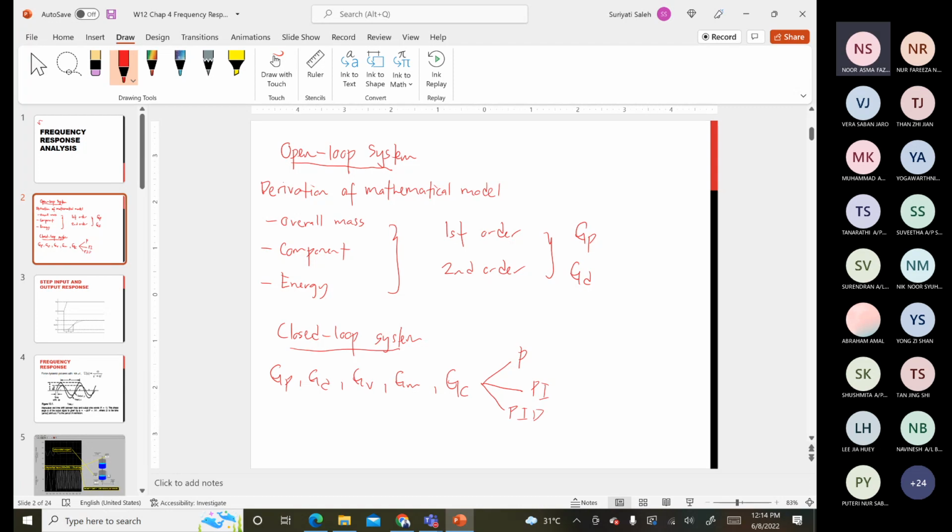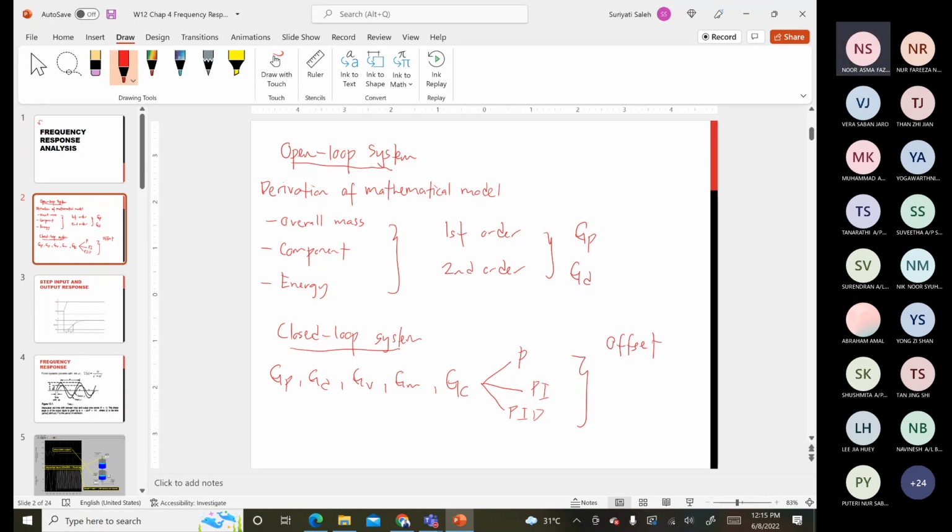So basically, once we introduce the controller inside our system, then that means we need to have the criteria to evaluate the effectiveness of the controller. So this can be done by using the offset.